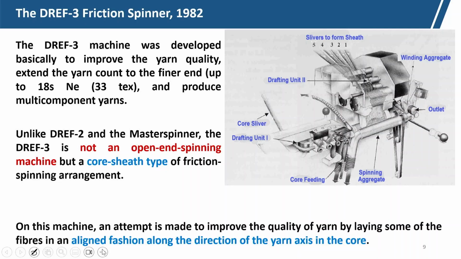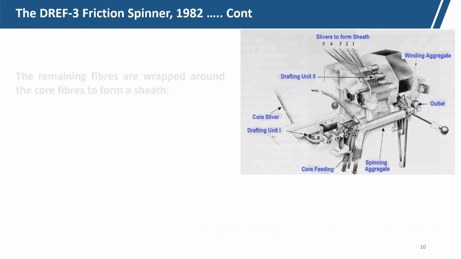So, here in the core staple fibers, we can align the fibers in the axial direction, so that the strength we can manipulate. This is the portion where from drafting unit 2 the fibers move to the spinning zone in an aligned fashion.